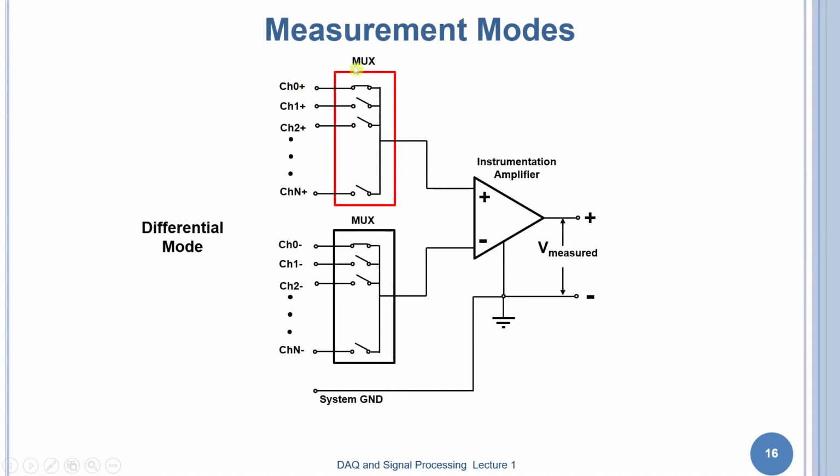This MUX represents the multiplexer. In this case, channel 0 is acquiring data and the other channels are not connected. Here the voltage between channel 0 positive and channel 0 negative is what is actually measured, and that measurement is referenced to the system ground.